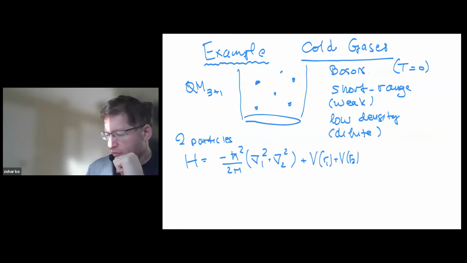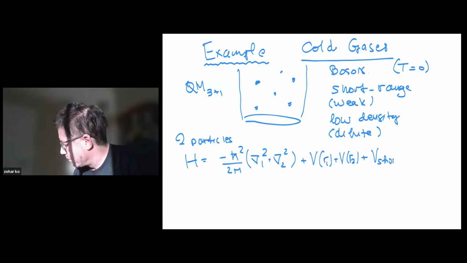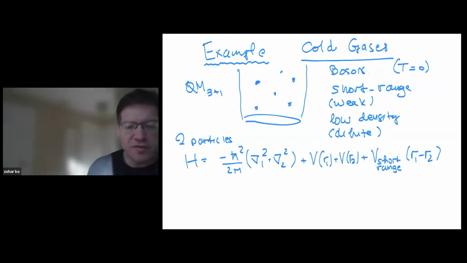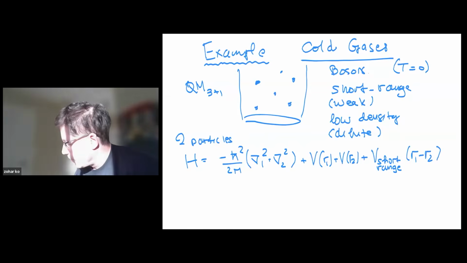The problem becomes super interesting when you add some short range interaction, which is a function of R1 minus R2. We have to specify what exact short range interaction we are adding. Let me just give you an example for what the short range interaction could be.